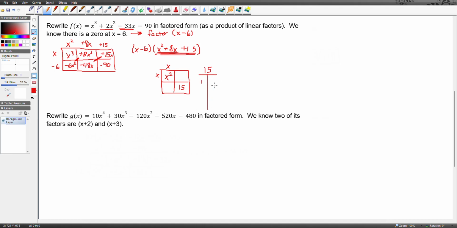Could be 1 times 15. Could also be double negatives, so I include that on my list. So negative 1 times negative 15 also would come out to positive 15. Or could do 3 and 5, or negative 3, negative 5.